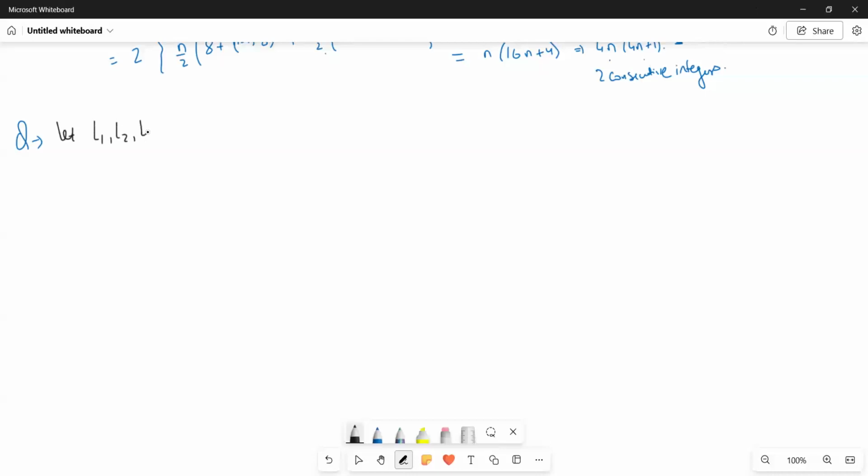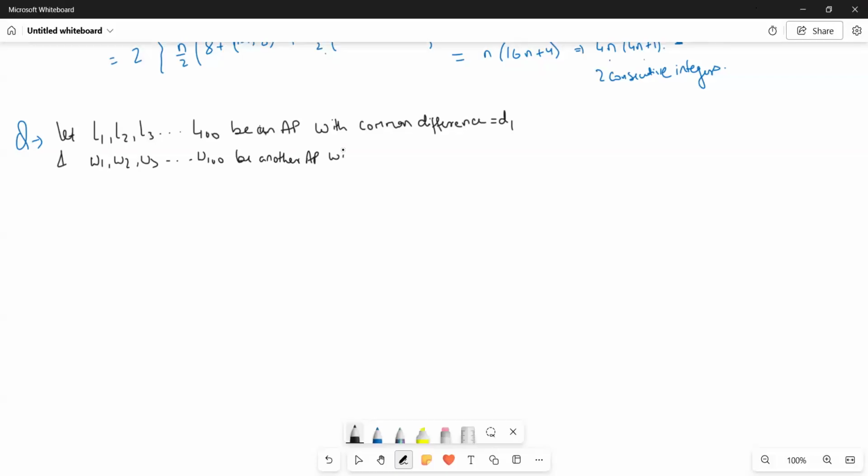So let L1, L2, L3, ..., L100 be an AP with common difference equal to D1, and W1, W2, W3, ..., W100 be another AP with common difference equal to D2, where D1 into D2 is equal to 10.